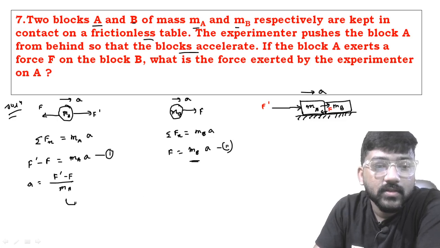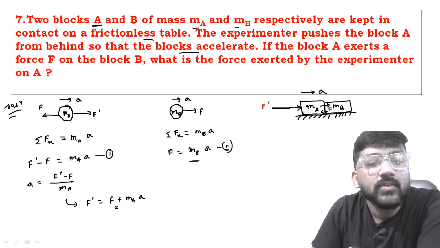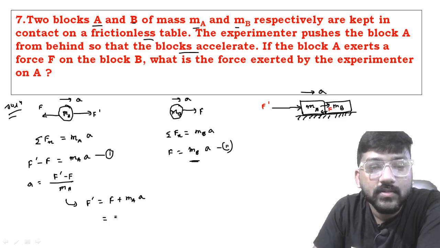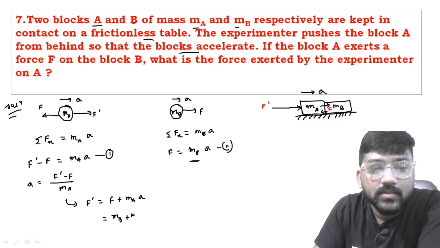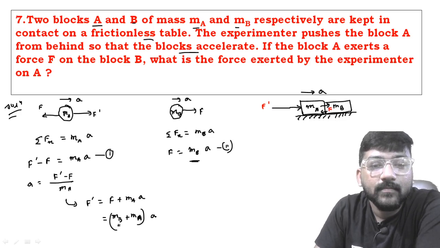From this equation, you will get F dash equal to F plus ma into A. If you write mb into A instead of F, it will be mb plus ma into A. So you will get A from here.